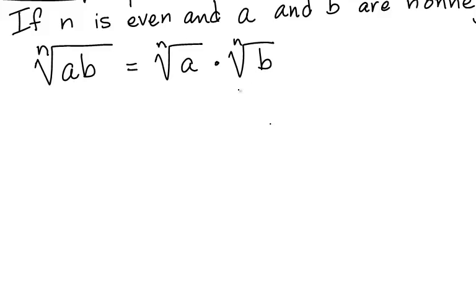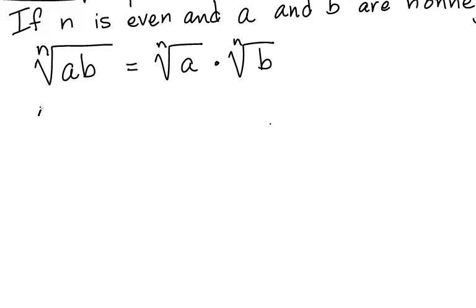They're saying if n is even, so n could be 2, 4, 6, 8. If the index is even and A and B are non-negative, then you can split them up or you can put them back together.